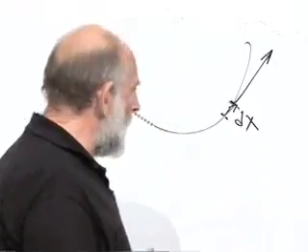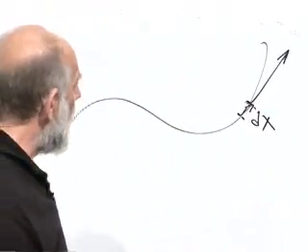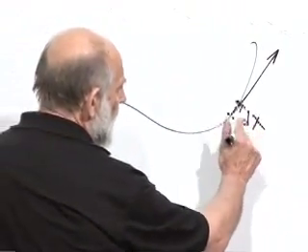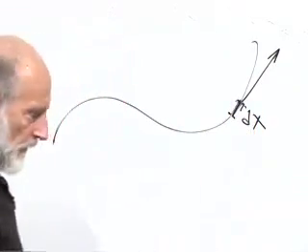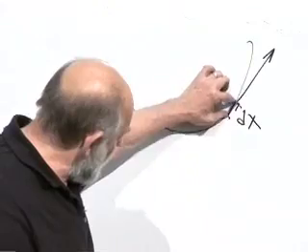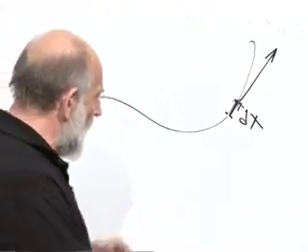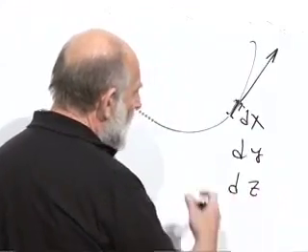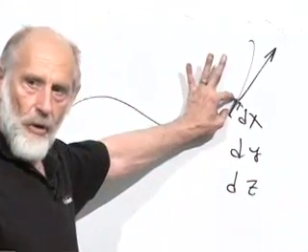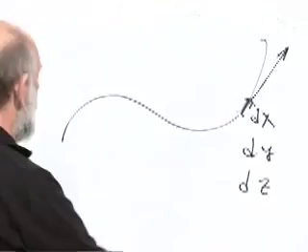What do we want to do to make a unit vector? And I'll tell you what we want to do. We divide dx by the distance along the curve. In other words, we take this little differential displacement that gives us dx, dy, and dz, and we divide it by the distance along there. What is the distance along there?